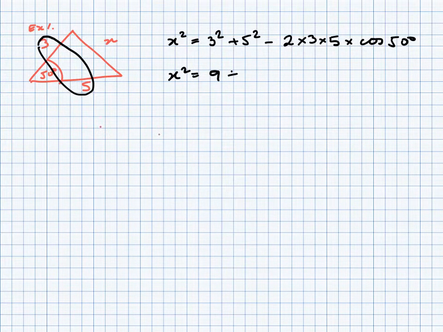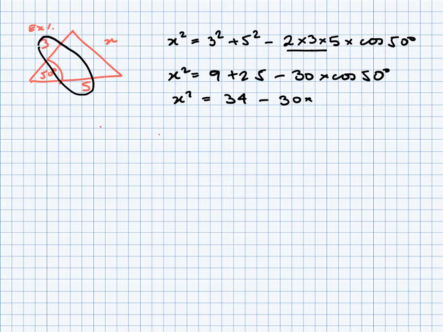Now you can simplify, but be careful here. 2 times 3 is 6, times 5 is 30, times cos of 50. I have seen students first adding like this: x to the power of 2, 9 plus 25 is 34, take away 30 times cos 50, and calculating 34 take away 30 first.